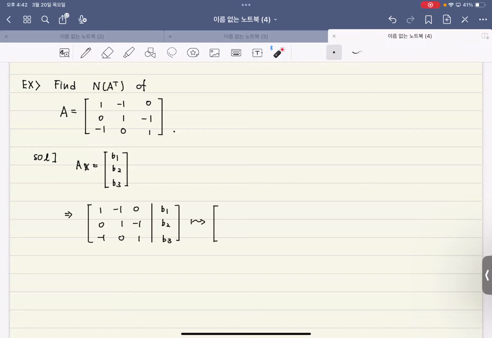In order to find the solution, I will write down the so-called augmented matrix, with b1, b2, and b3 on the right. Taking elementary row operations, I need to make this an upper triangular matrix. Then I will get rid of this number. The rows are 1, -1, 0; 0, 1, -1; and 0, -1, 1, with b1, b2, and b1 plus b3. And now I also have to get rid of this number 2.